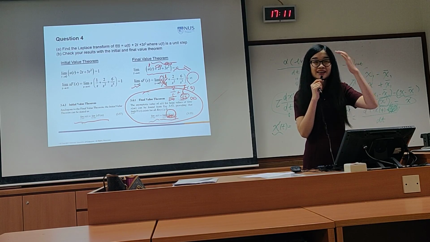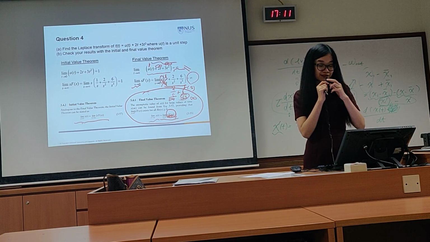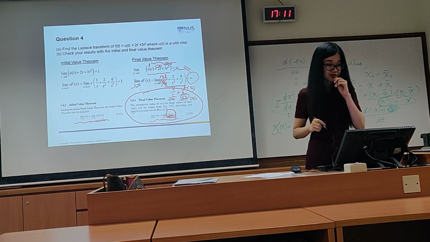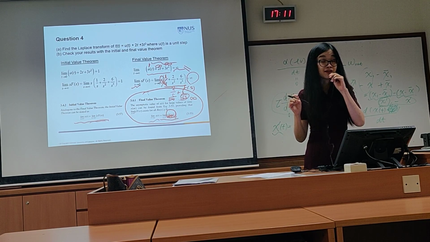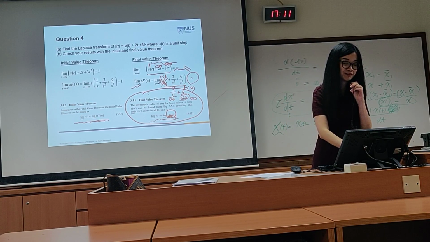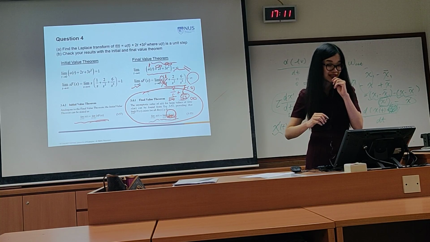At infinity, it's the final value. So for time going to the beginning, the initial value theorem says the limit of y(t) as t goes to 0 is equal to the limit as s goes to infinity of sY(s). Right? So this can be proved by the definition of what is s, and what Y(s) is related to y(t).